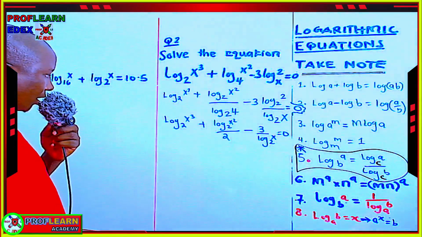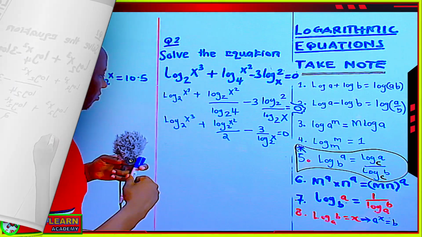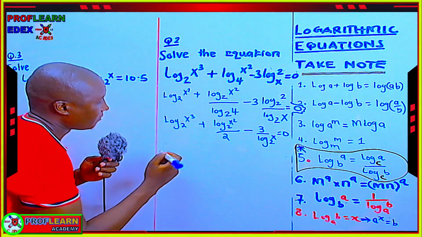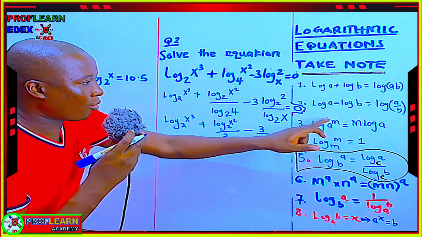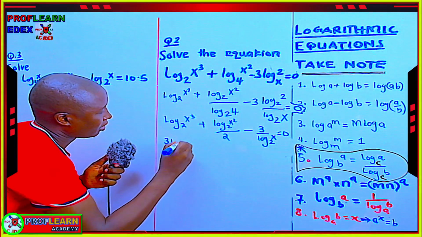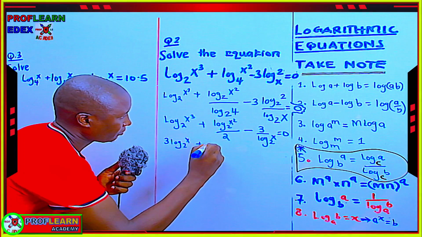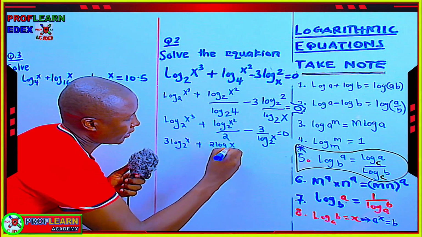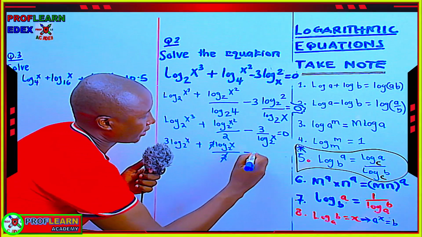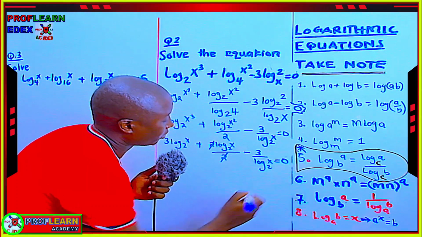We are almost home and dry. So this can be written as, we can take the powers down behind the log. So we are going to say 3 log x base 2 plus 2 log x base 2 over 2, and this will cancel out, minus 3 over log x base 2 is equal to 0.